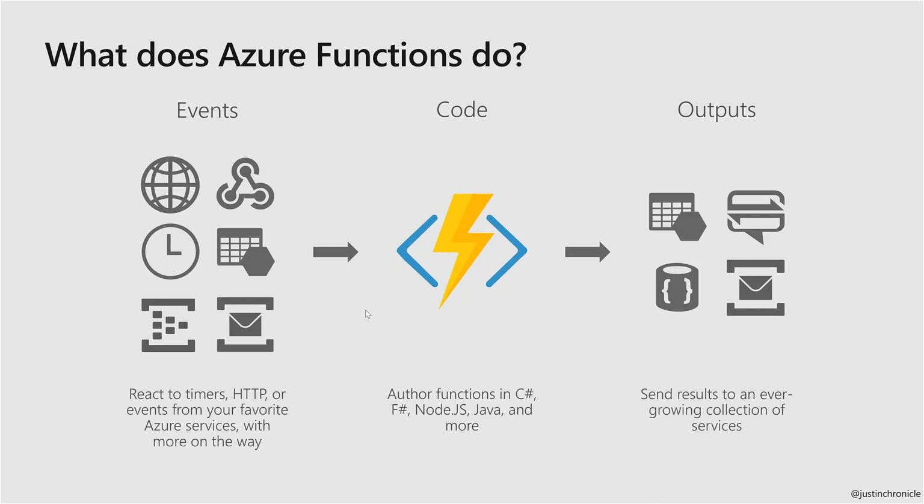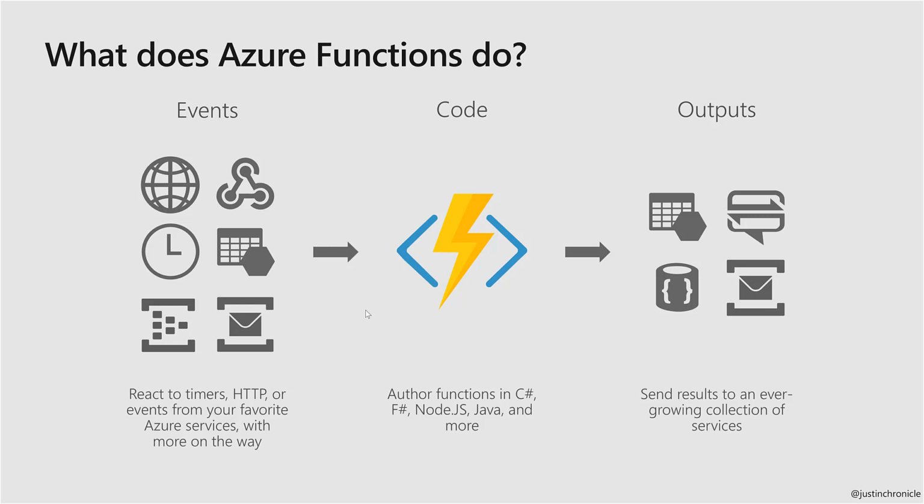Once the code is done and the business logic is processed within the function, it returns outputs such as an HTTP response, notification hub, database, or another message. So these are basically the concept of a function and what Azure Functions do.